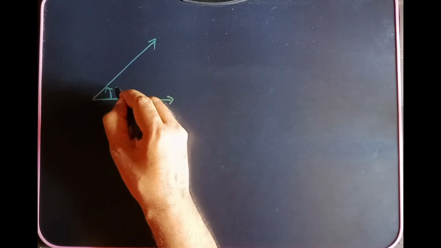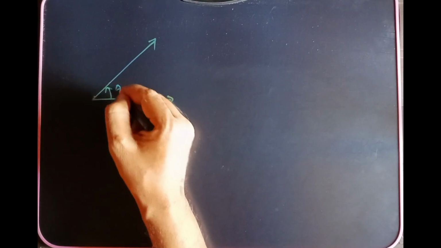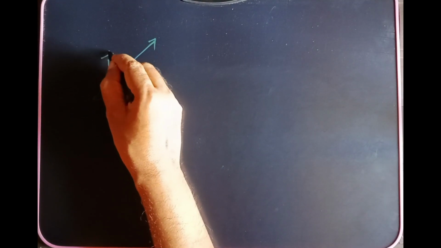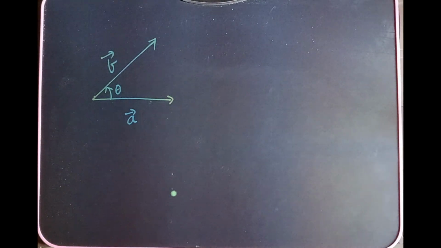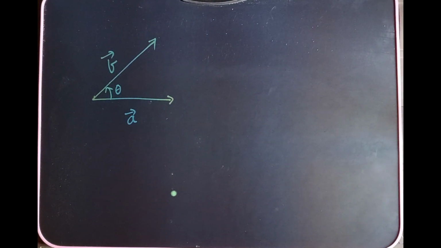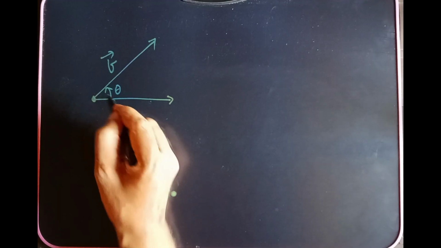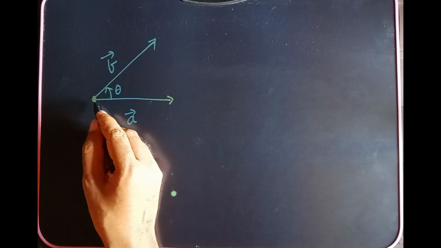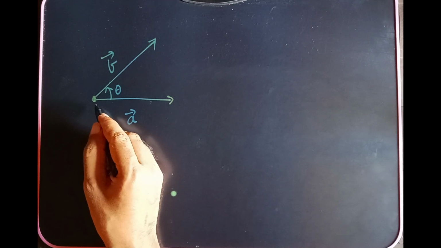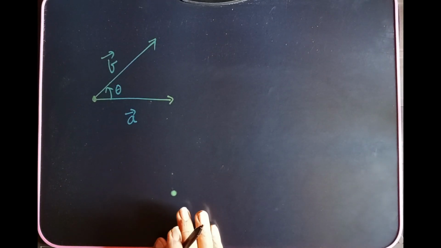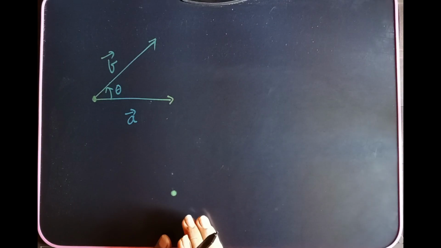Because it is displaced at an angle theta, you will get another vector B. When the tails of the two vectors are at the same point, the smaller angle between the vectors is considered as the angle between the vectors.